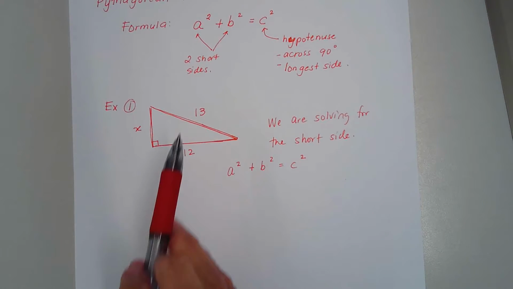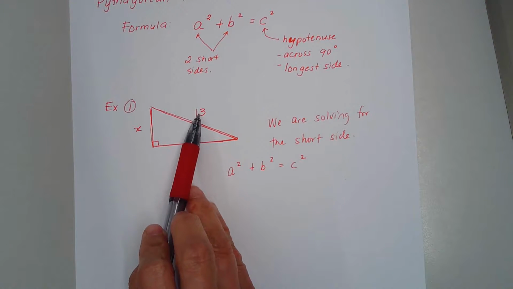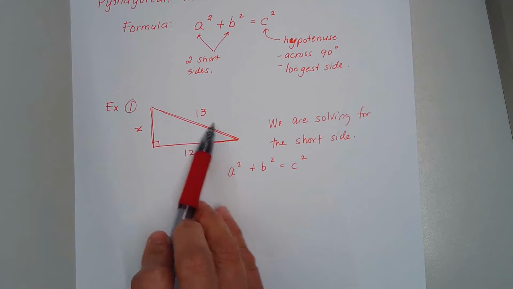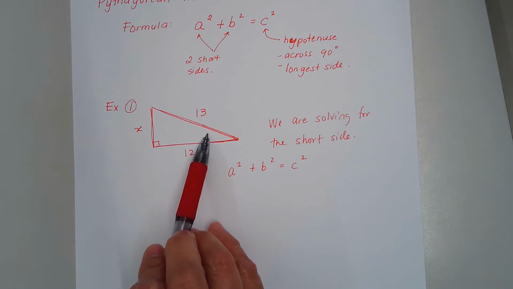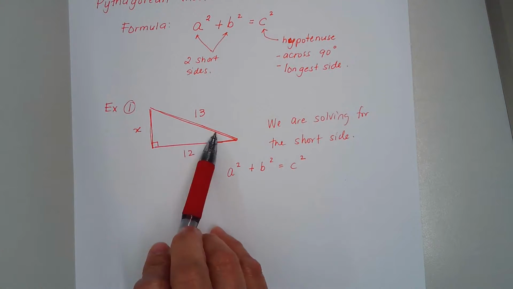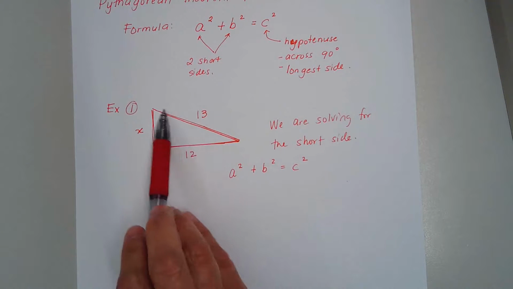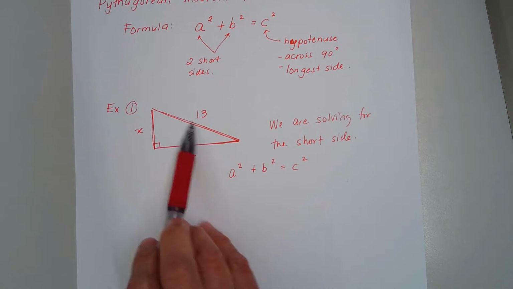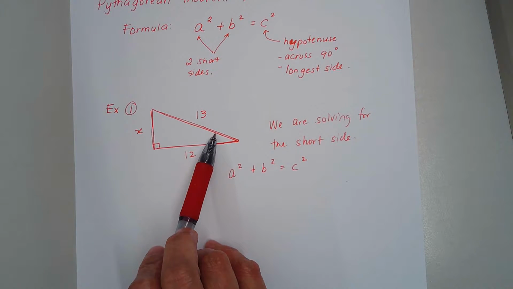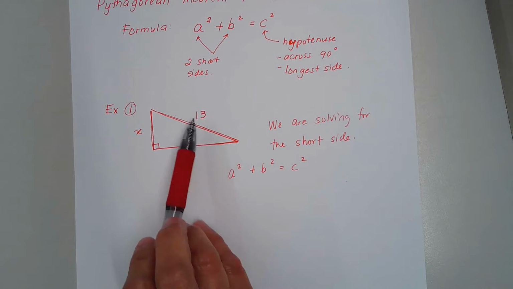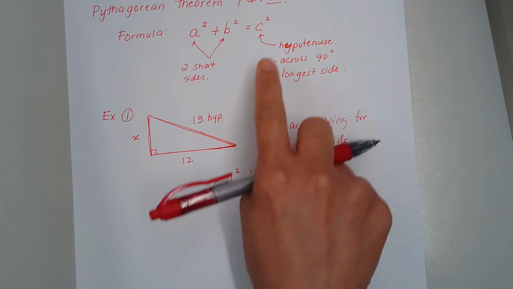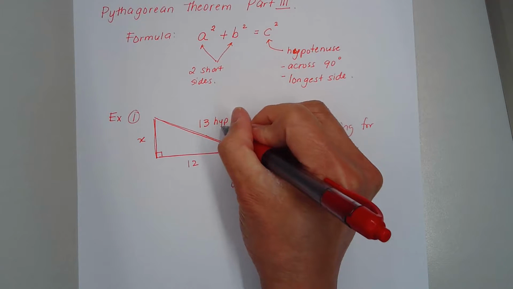So, what letter should I write this as? The 13 should be, is it the A, the B, or the C? This is the hypotenuse. So that would be the C. Hypotenuse is the C. Yeah.